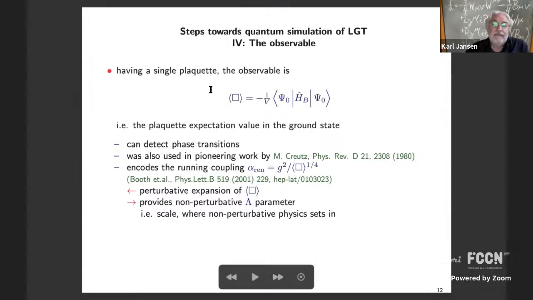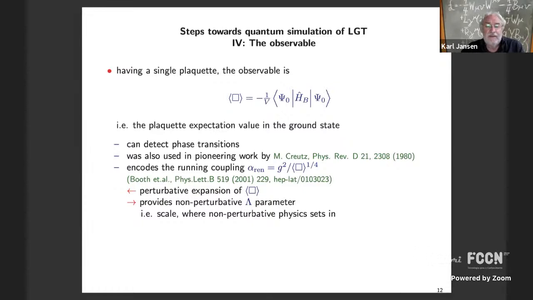So, and then we did some test of this, and we did a test for only one plaquette. So we only have one plaquette in our setup. And if you only have one plaquette, then the observable that you can compute is the expectation value of the plaquette observable, which is nothing else but the magnetic part of the Hamiltonian in the ground state.